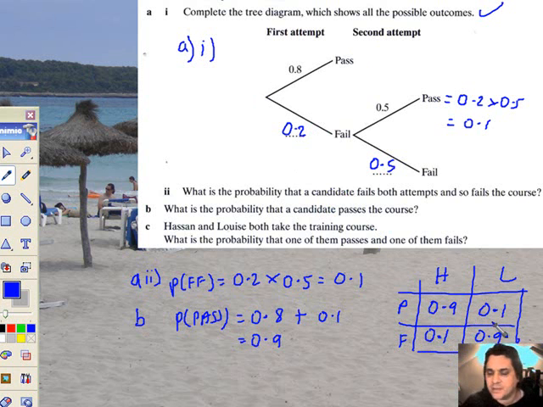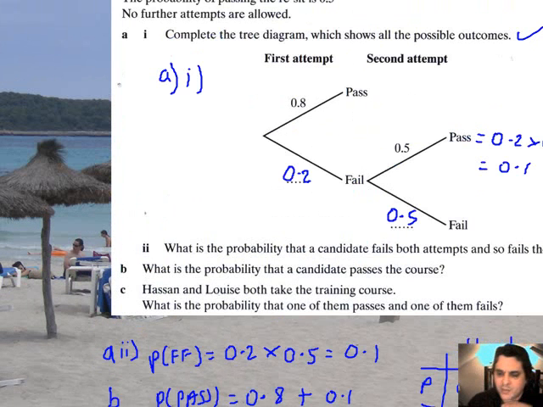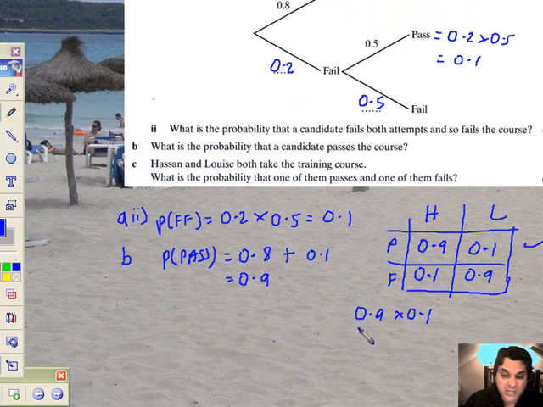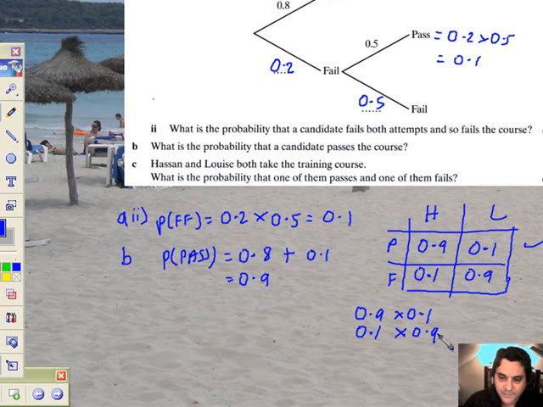Now all of these are possibles. So we can have Hassan passing and Louise failing. So we've got 0.9 times 0.1. That takes care of that little part of the two-way diagram. And the second scenario is Hassan failing and Louise passing, which is the complete reverse. So Hassan fails 0.1 and Louise passes 0.9.